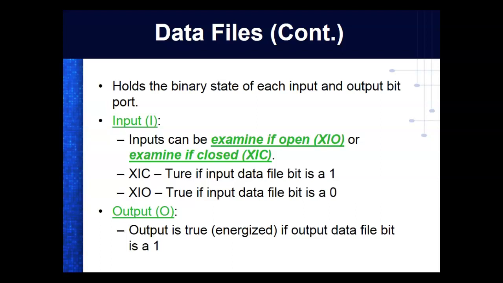So if you get 24 volts coming on that input, that's one of those instructions you want to use to fix that data. But just because you see a normally closed contact in a relay logic diagram does not mean you're going to use an examine closed instruction inside a PLC program.